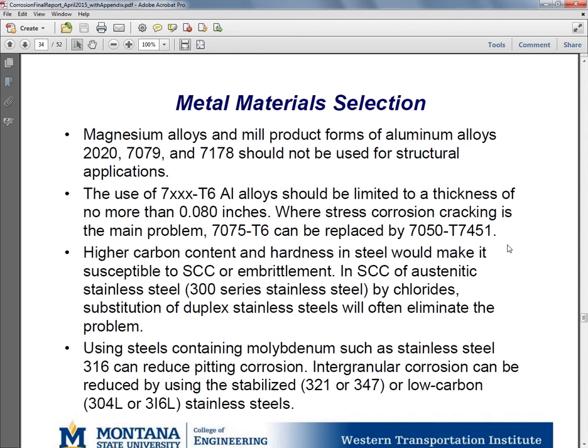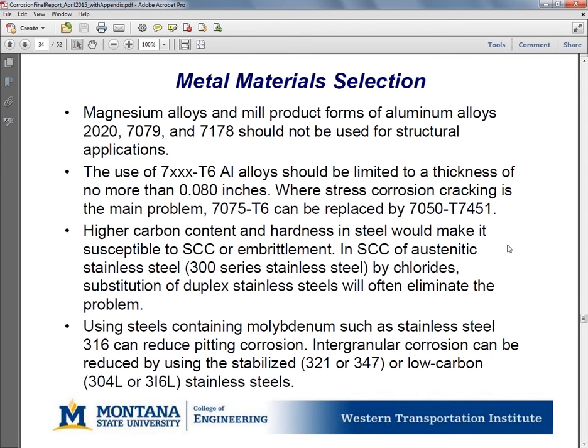Where stress corrosion cracking is a main problem, the 7075-T6 aluminum alloy can be replaced by the 7050-T7451. Higher carbon content and hardness in steel can make it susceptible to stress corrosion cracking or embrittlement.